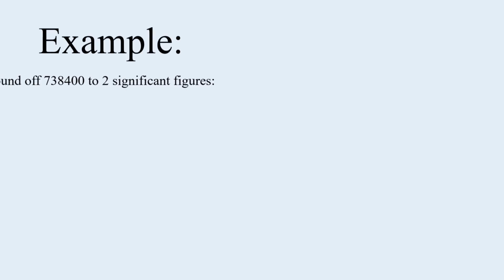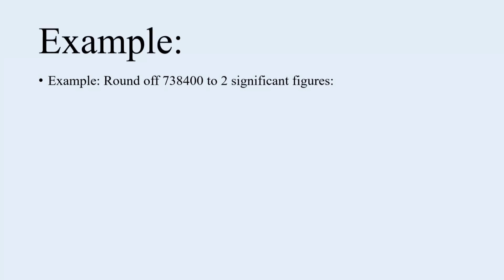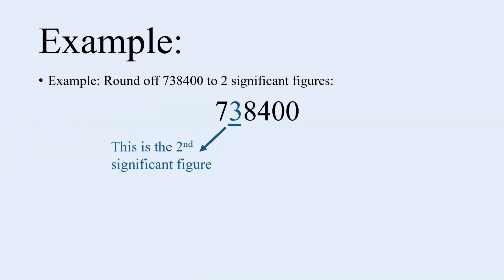Let's say we want to round off 738,400 to 2 significant figures. If we look carefully at the number 738,400, we would notice that the second significant figure from the left is 3, which means the digit right next to that is 8. This is greater than 5.